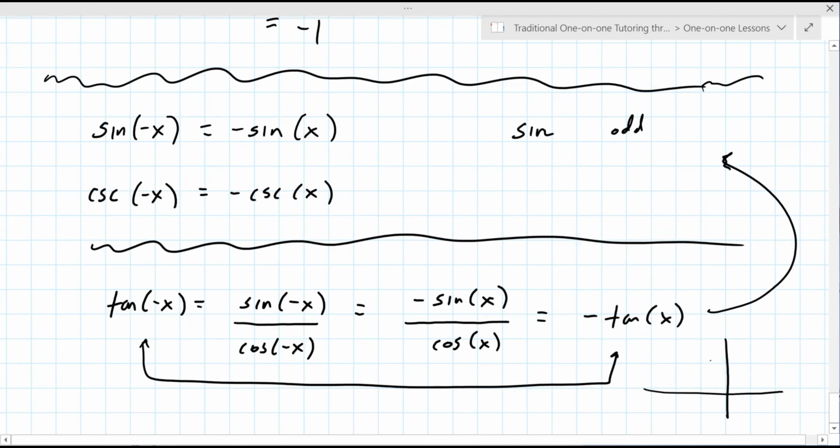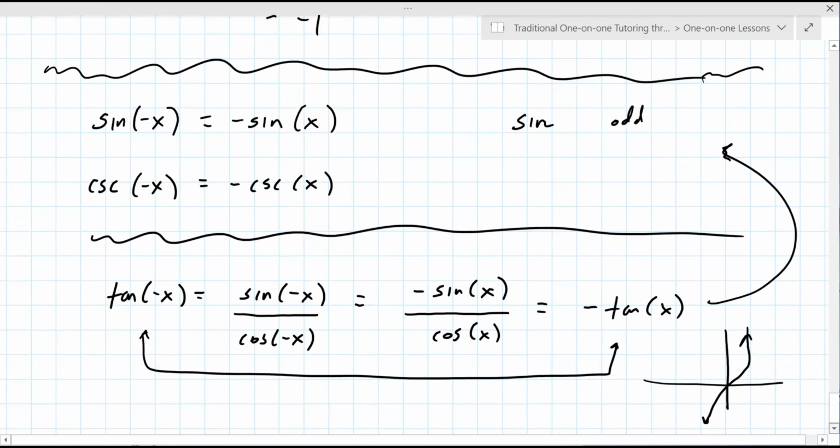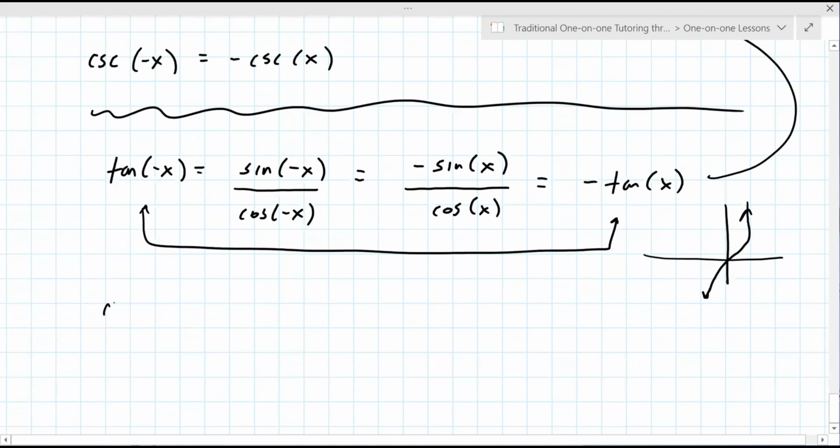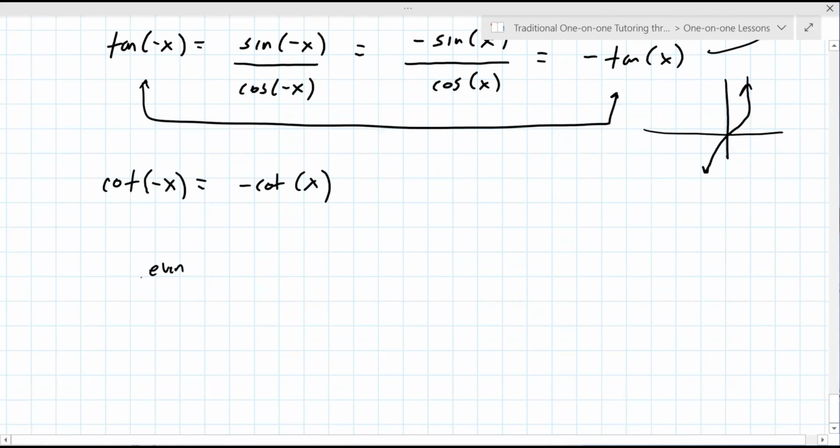Cotangent is also similarly odd: cotangent of minus x is equal to minus cotangent of x for the same reason. So the only ones that are even, if we're making a list here, are cosine and secant.